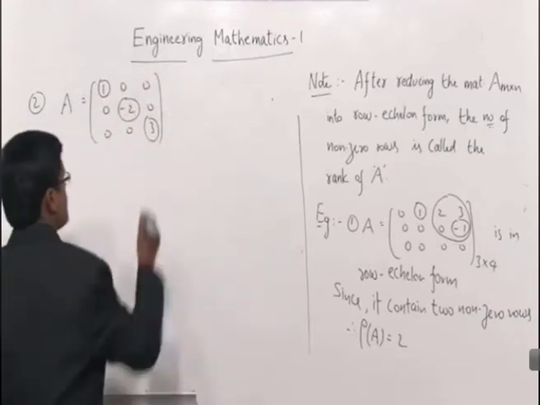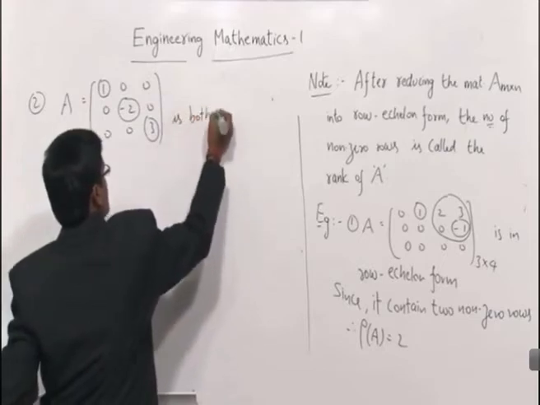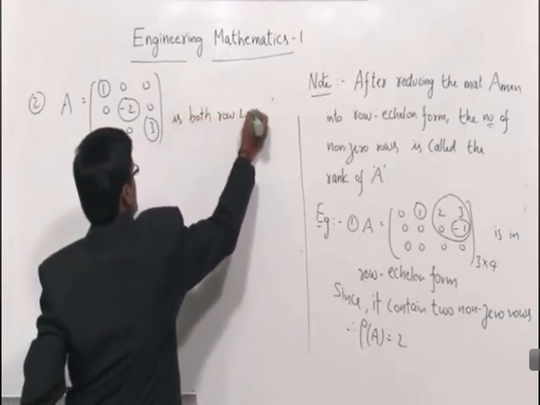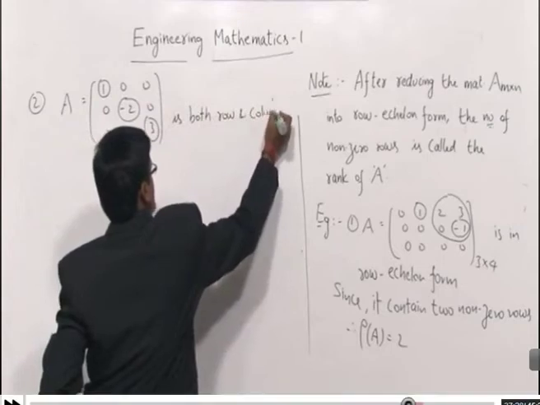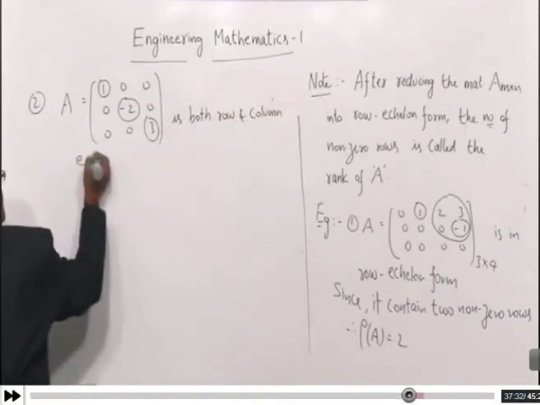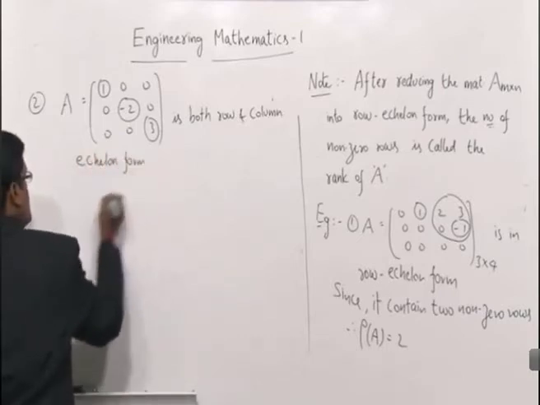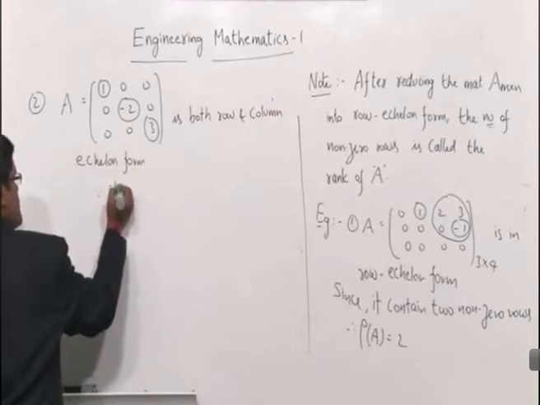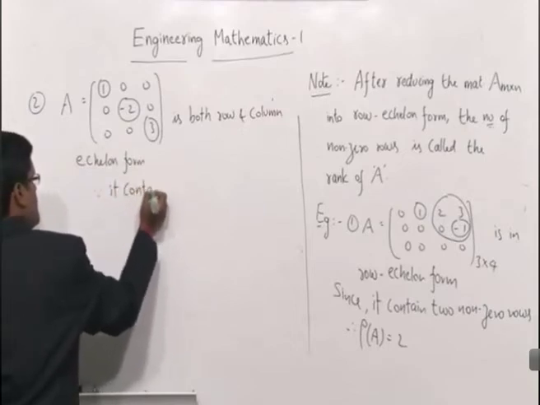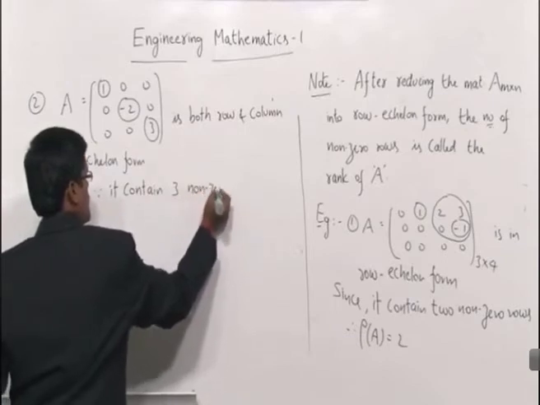So this is both row echelon form as well as column echelon form, since it contains 3 non-zero rows.